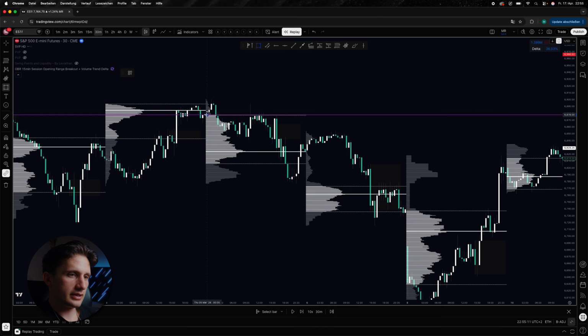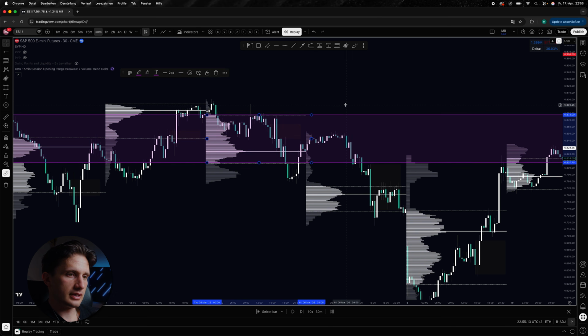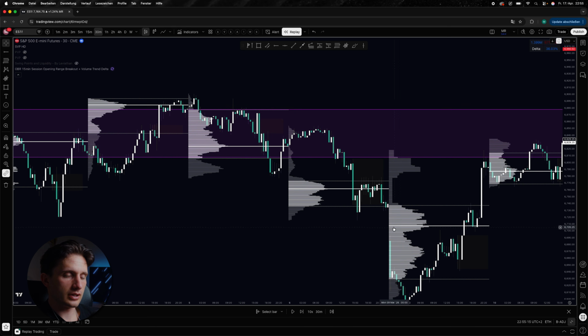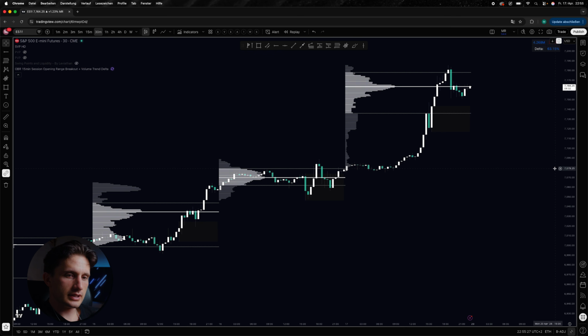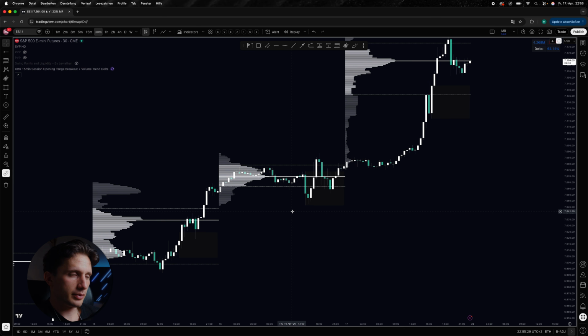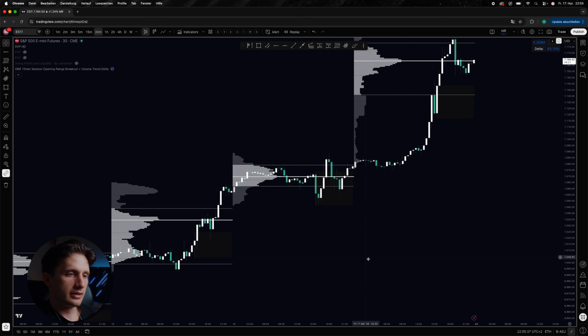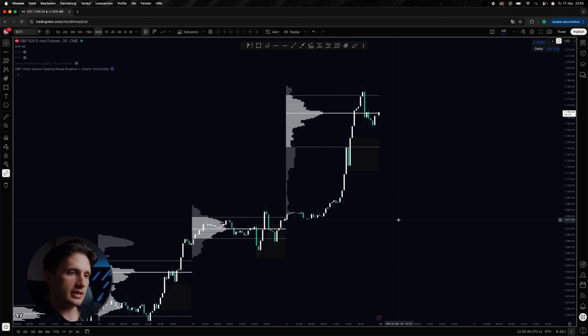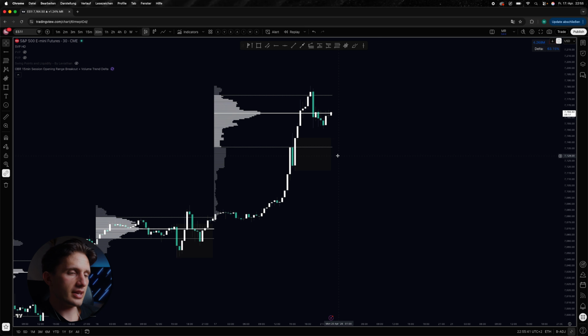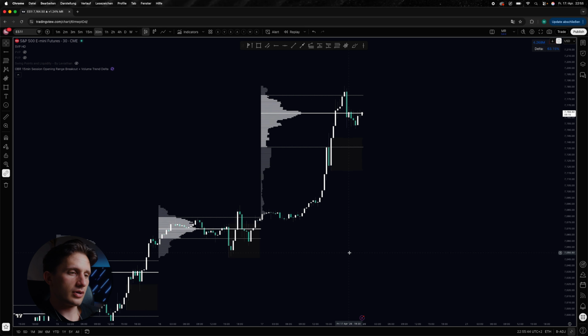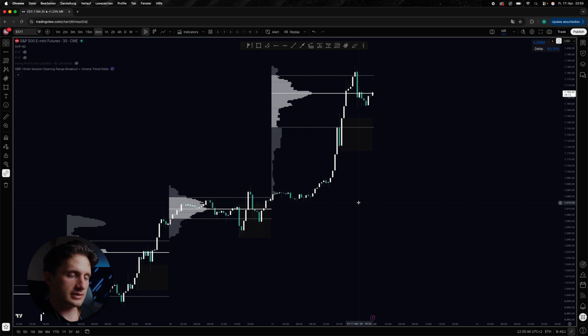You can also wait for the market to accept underneath a value area and then look for a lower value. But always keep in mind that you have a bigger picture, for example a 30-minute time frame, where you can use the day before or the day before that value areas to look out for your trade decisions on that specific day.